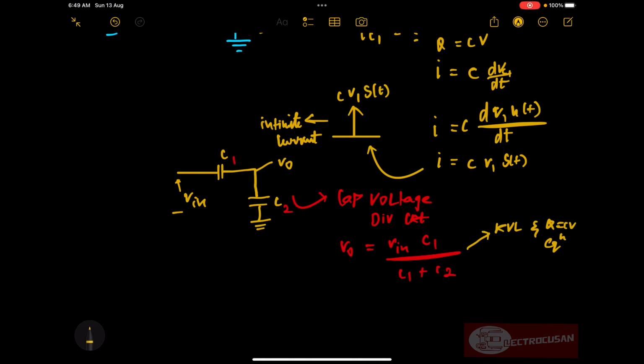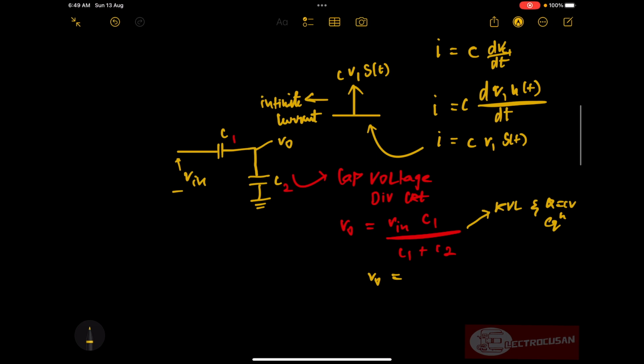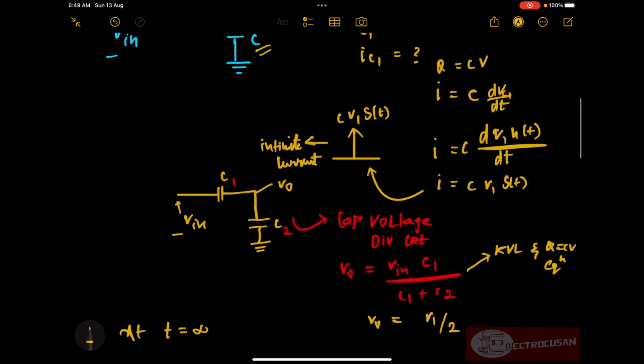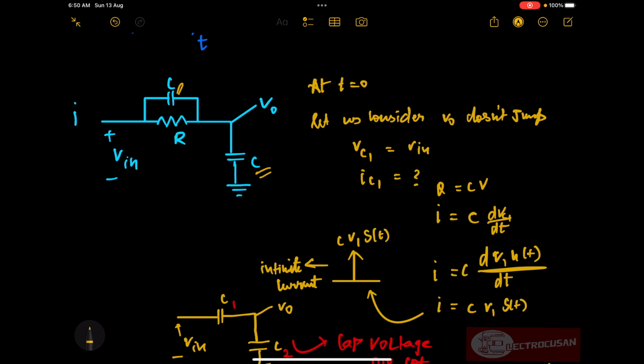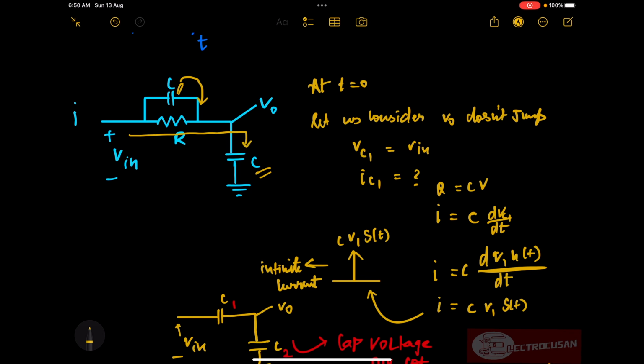Now that we have found the value of Vout at t equal to 0, as we have assumed the values of C1 and C2 to be C, it comes out to be V1 divided by 2. Now we have to find the value of Vout at t equal to infinity. At t equal to infinity, this capacitance over here discharges all the charge present in it across this resistance, and this capacitance tries to get charged through this resistance with the help of this Vin voltage.